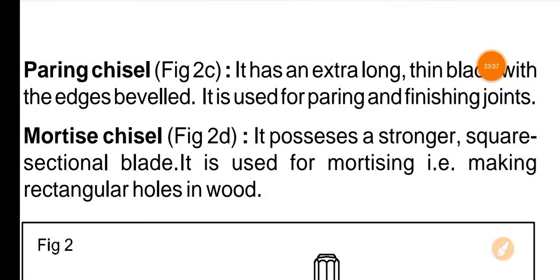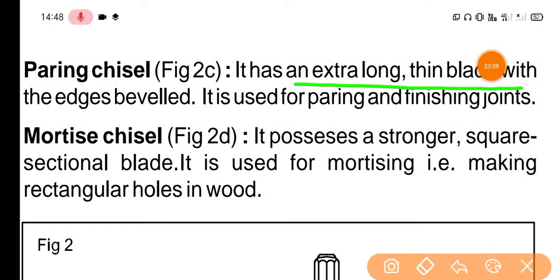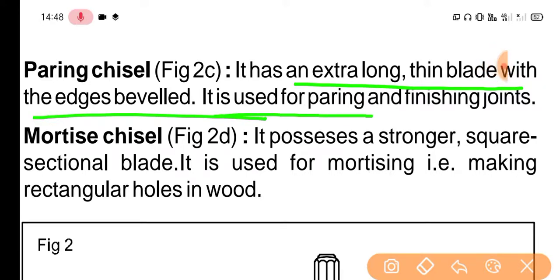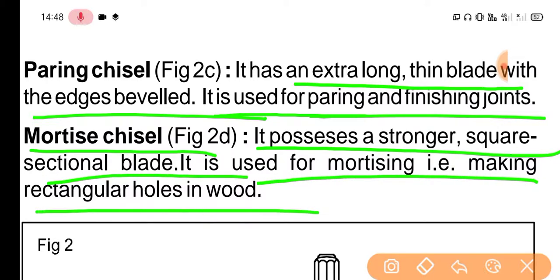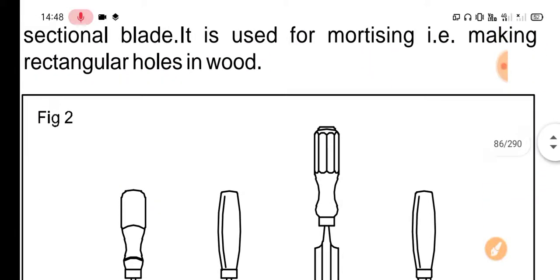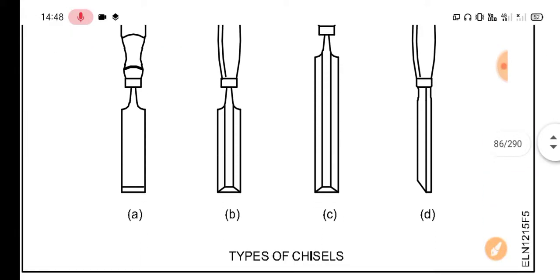Paring chisel: it has an extra long blade with beveled edge. It is used for paring and finishing joints. Mortise chisel: it possesses a stronger square section blade. It is used for making rectangular holes in wood. These are the types of chisels.